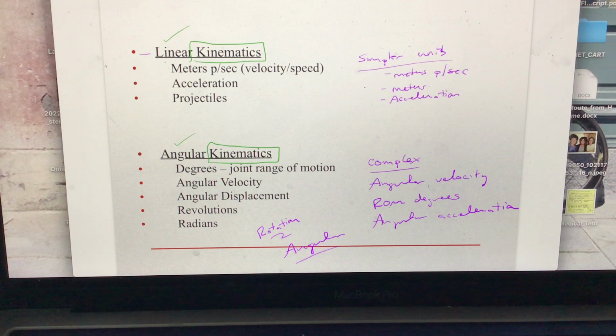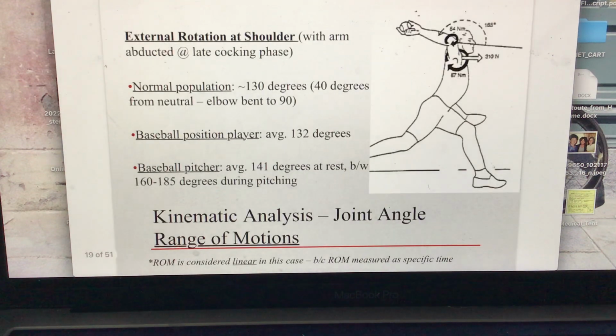I said here range of motion in degrees. That's kind of a sticky wicket, as they say. So I'm going to take that out because it depends on the situation. Range of motion could be linear or it could be angular. But for ease of our discussion, let's just go with these examples. My apologies. So I've given you some examples here. A kinematic analysis of the shoulder and the elbow.